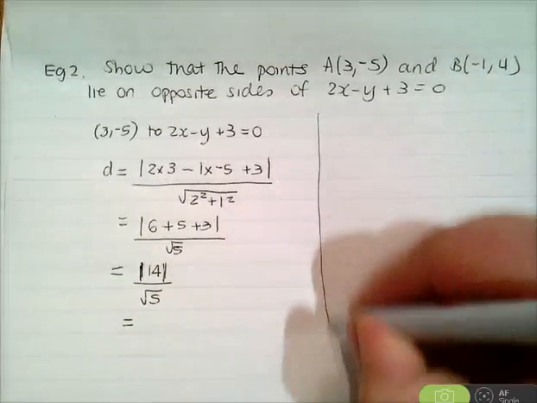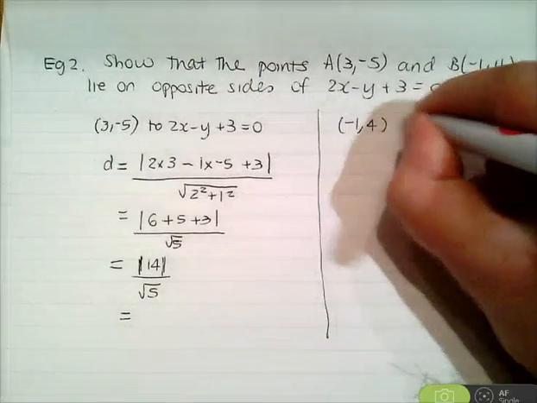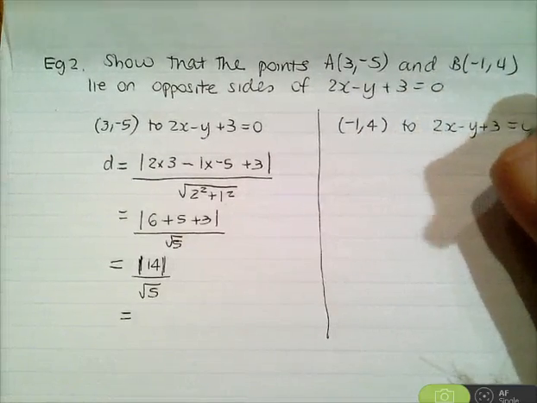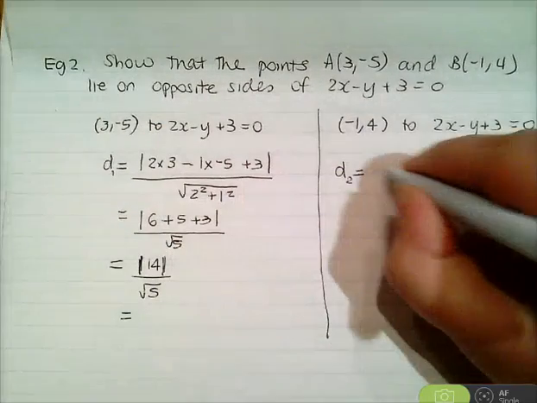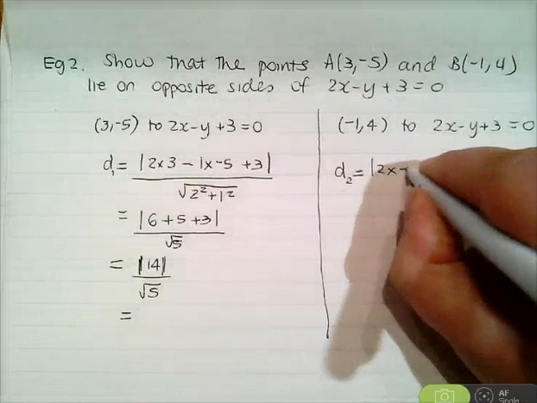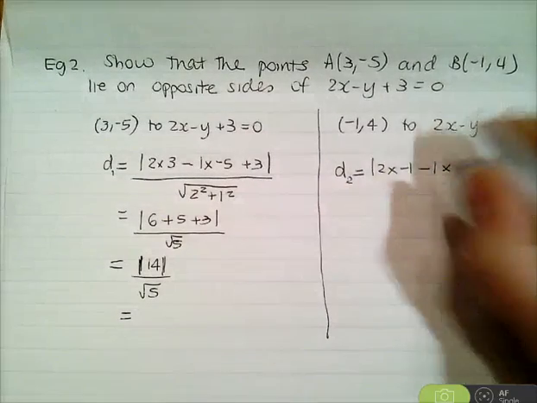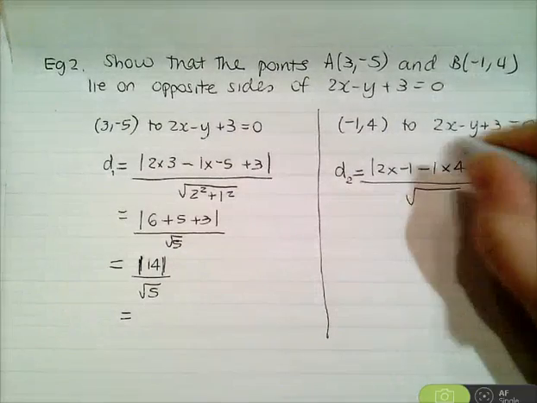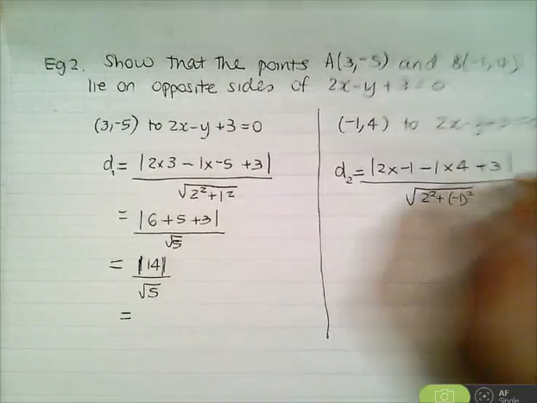Then we can look at the distance from the point -1, 4 to this line, 2x minus y plus 3 equals 0. So we'll call that one distance 1, distance 2 is, so we go 2 times, substitute in this x value here, so it's 2 times -1 minus 1 times the y value there, which is 4, plus 3 over the square root of a squared plus b squared, so it's over 2 squared plus -1 squared.